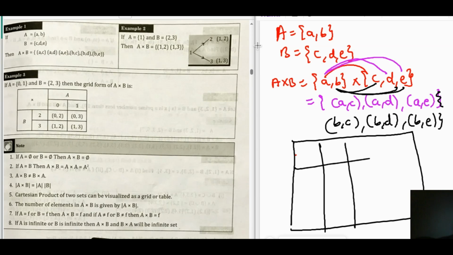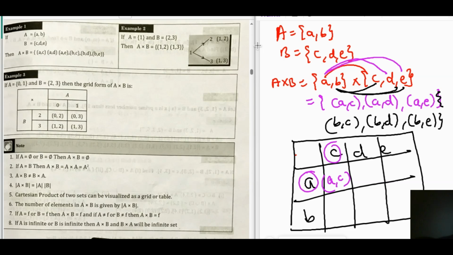So we have A and B here, and C, D and E here. For the first row, first column we get (a, c), then first row, second column (a, d), then first row, third column (a, e). Then for the second row, first column (b, c), second row, second column (b, d), and second row, third column (b, e). So this is also one way of finding the Cartesian product.